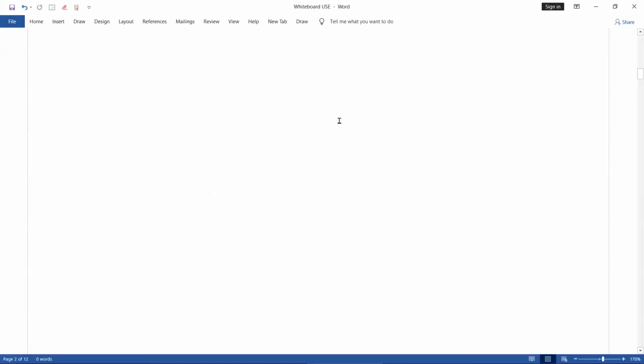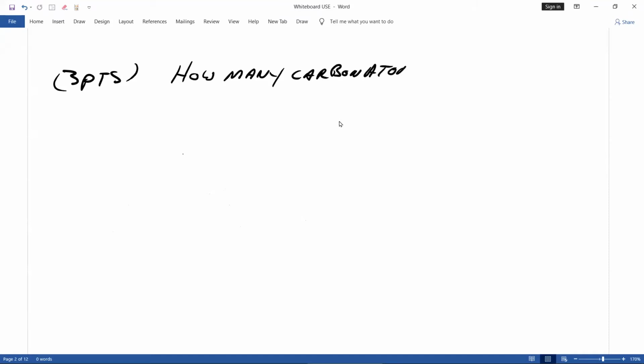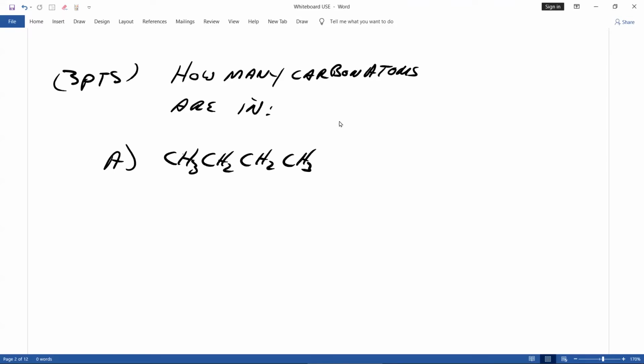All right, another important skill you should have is how many carbon atoms are in the following molecule.